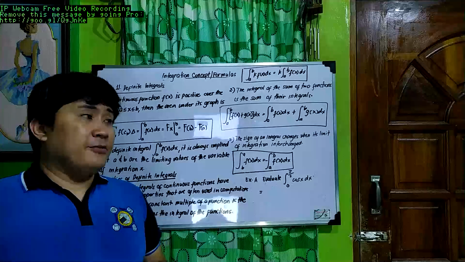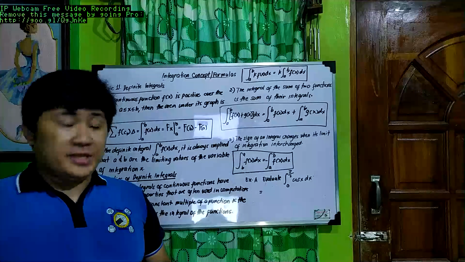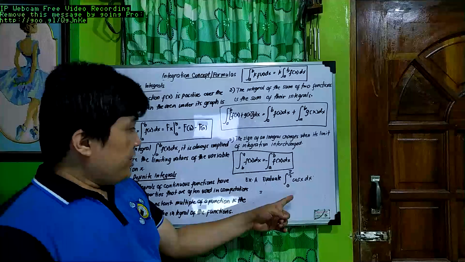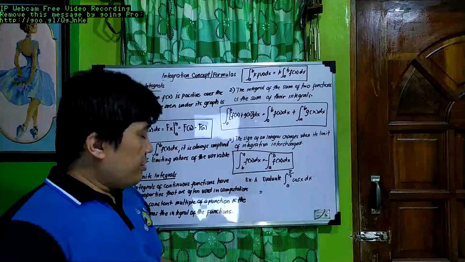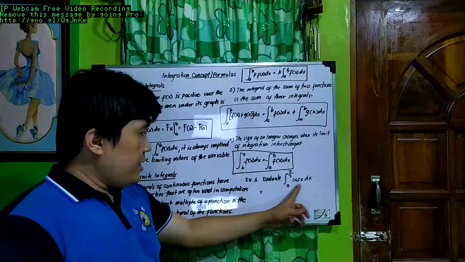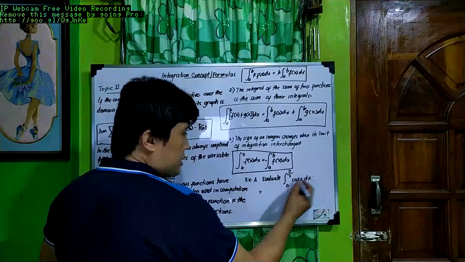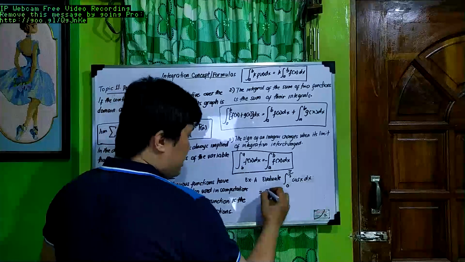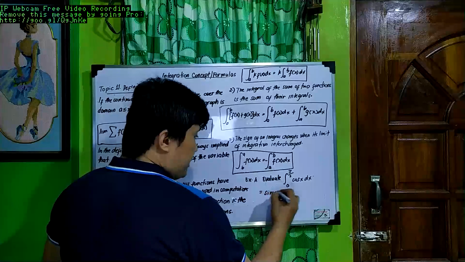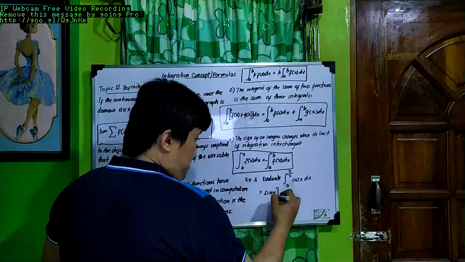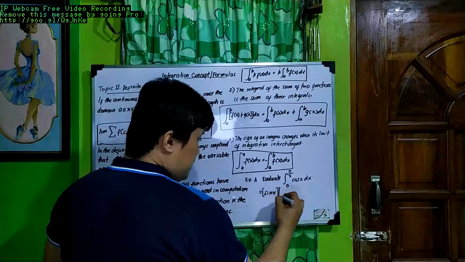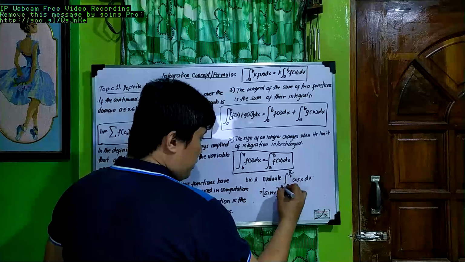Positive or negative? It is positive, because the derivative of sine is positive cosine. Therefore, the integral of cosine is positive sine. Here, x doesn't have a constant, so we can integrate it directly. We have sine x with limits from 0 to pi over 2.